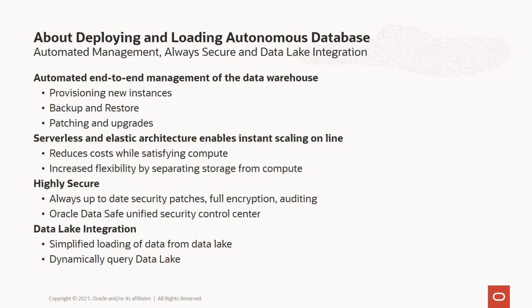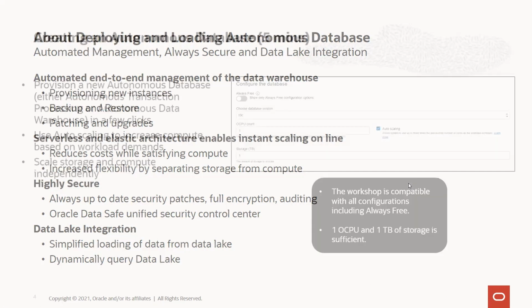It can easily integrate with data lakes, and we can pull in and work with the data directly into the autonomous database without moving it elsewhere, so that we can do powerful machine learning, graph analytics, and all sorts of other things, spatial analytics. And this workshop takes you through some of those things as a kind of opening tour.